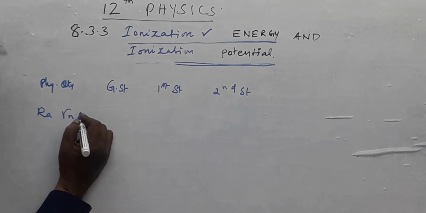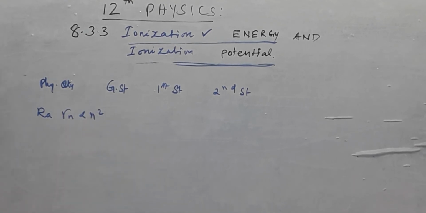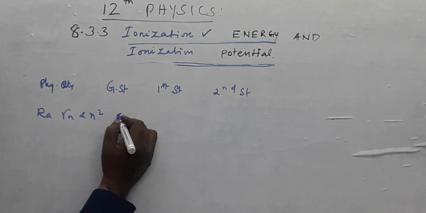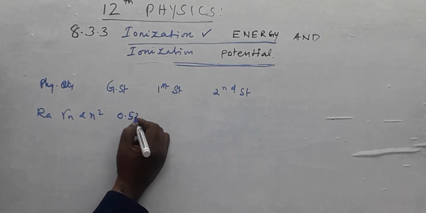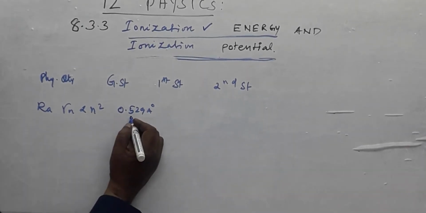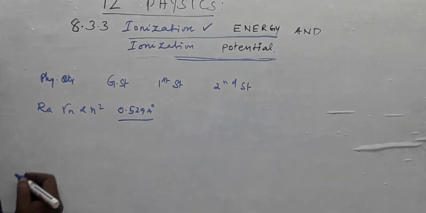Then radius: Rn is proportional to n square. You know the value for the ground state. Already we derived an expression for the radius of an atom. It is given by 0.529 Angstrom.